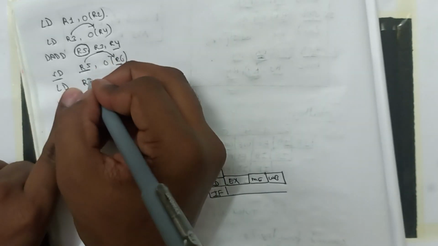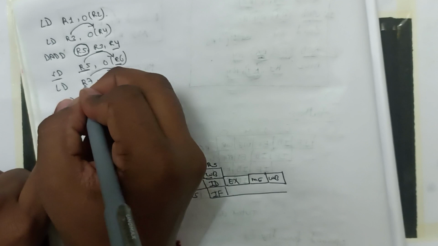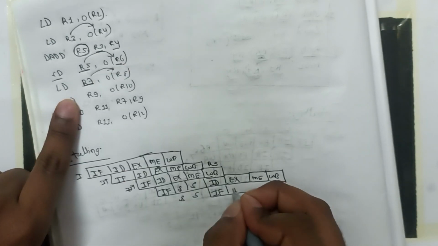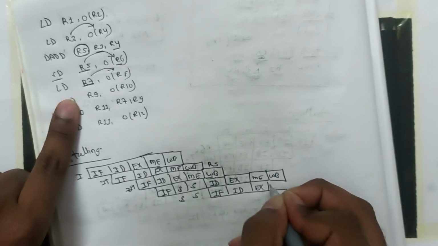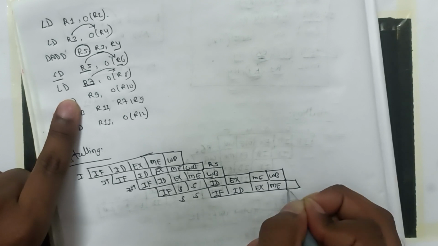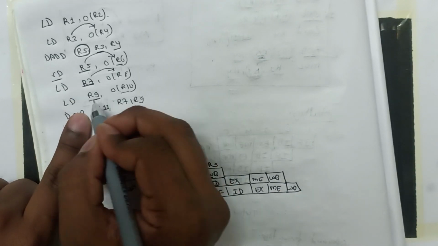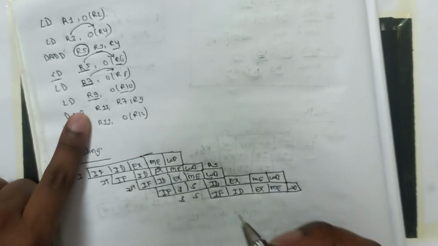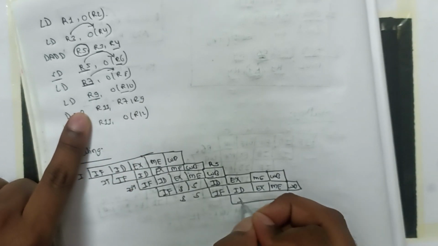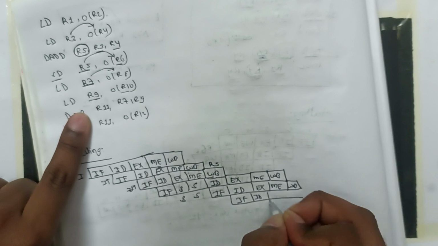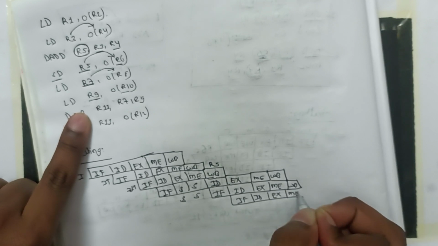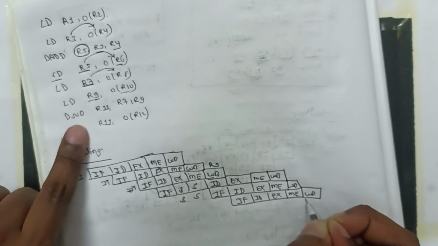Okay, load R7 into R8. Is R7 dependent? No. IF ID EX MEM and WB. Then load R9 R10. Is R9 dependent? No. IF ID EX MEM WB.